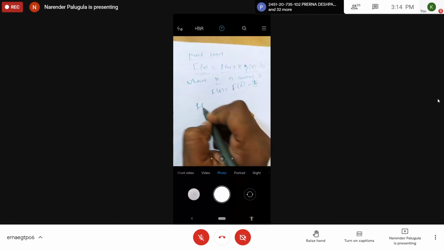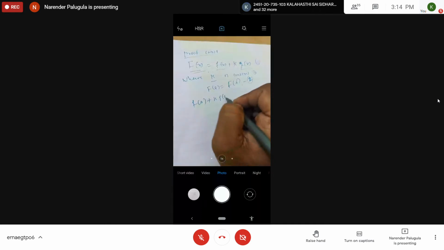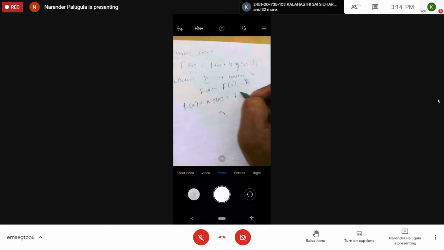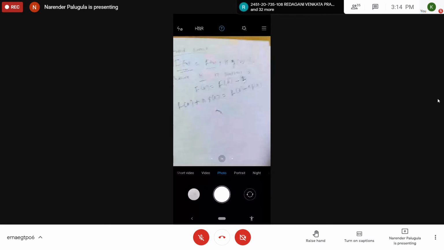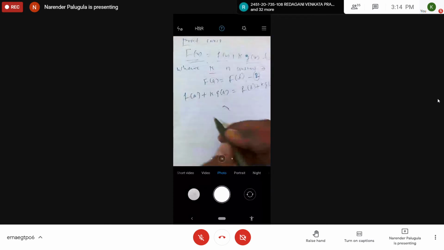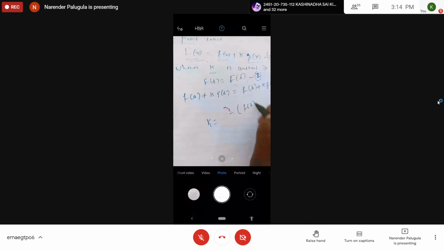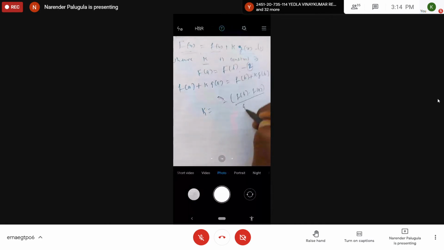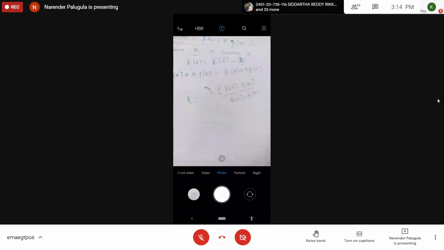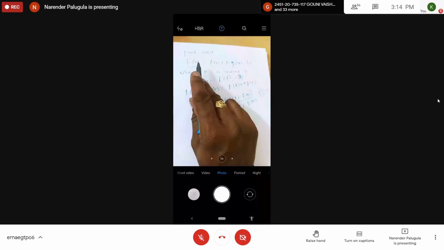F of A means small f of A plus k into g of A is equal to F of B, which means small f of B plus k into g of B. Now simplifying this, taking k aside, we get k equals minus f of B minus f of A by g of B minus g of A. So this is the third equation. Now first, let us see the procedure once again.